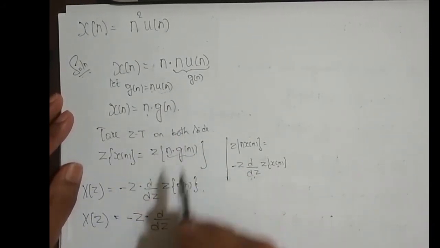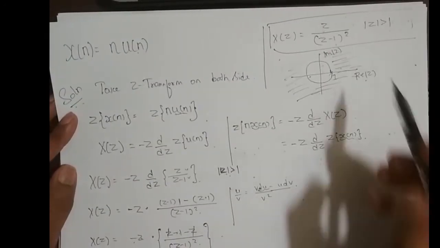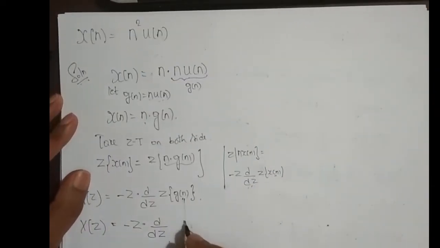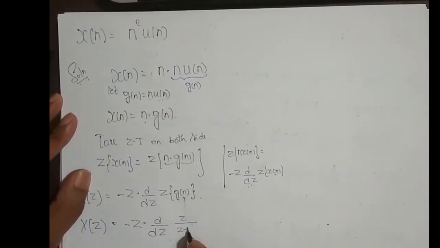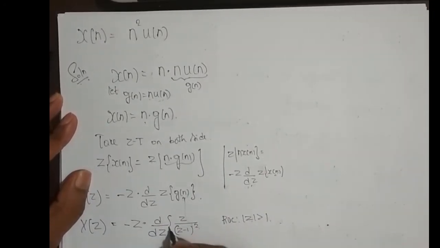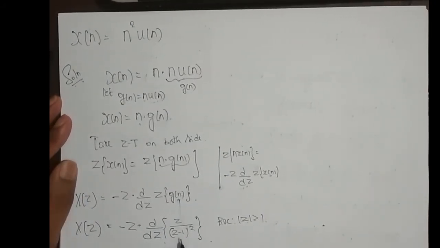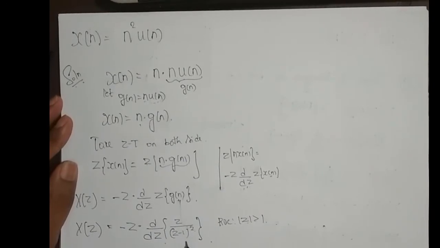Since I have already solved the z transform of n into u(n) in the previous problem, which is z divided by (z minus 1) whole square, with ROC magnitude of z greater than 1, I will directly put that result here. I repeat again, if you don't know this result, you have to solve it and then put it.